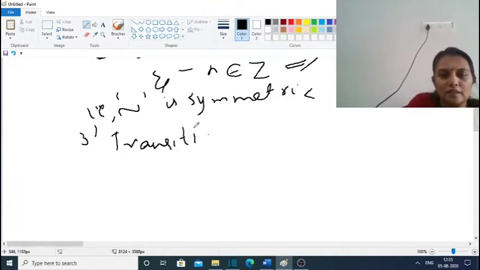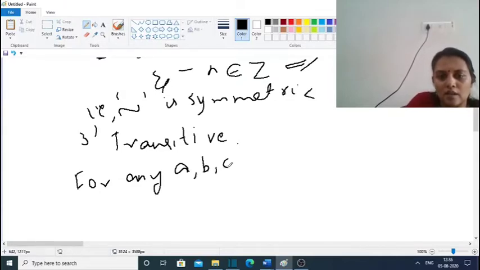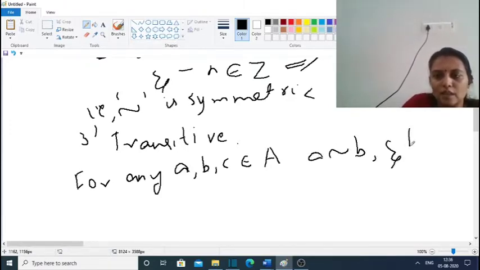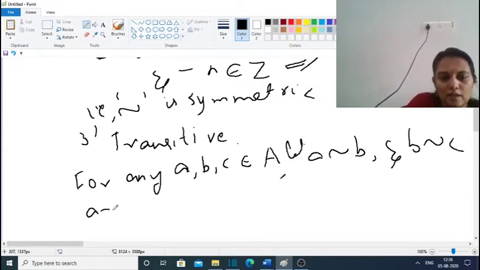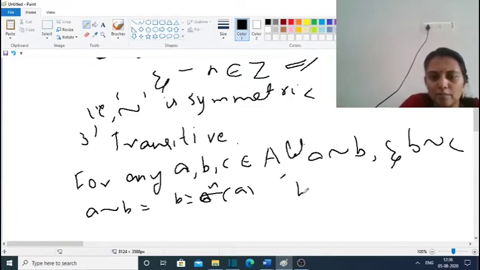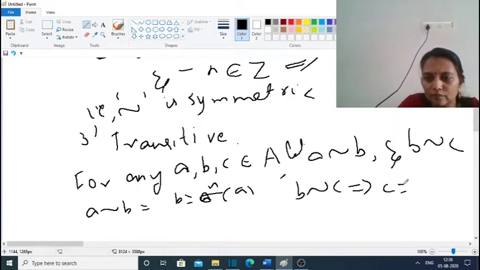For that, take any a, b, c element of A, with a equivalent to b and b equivalent to c. a equivalent to b means b is equal to sigma raised to n of a, and b equivalent to c implies c is equal to sigma raised to m of b.